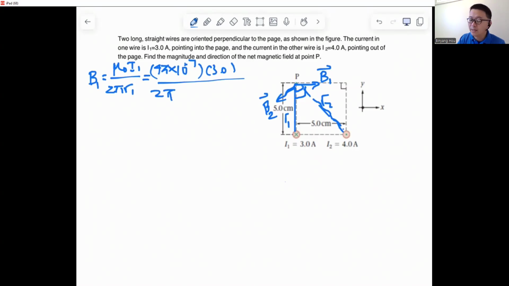It's indicated as 5 centimeters there, so times 5 times 10 to the minus 2 meters. So the magnitude of B1 is equal to 1.2 times 10 to the second Tesla.